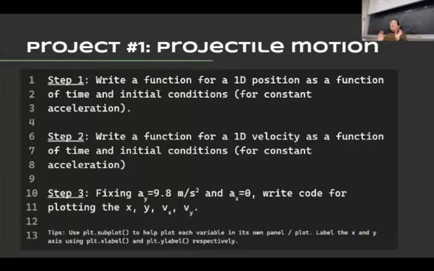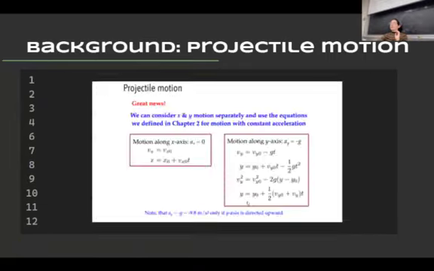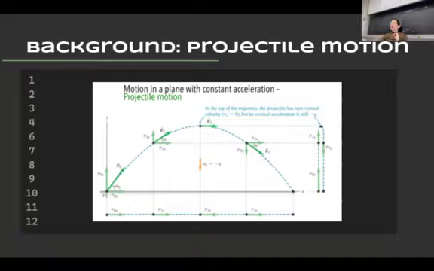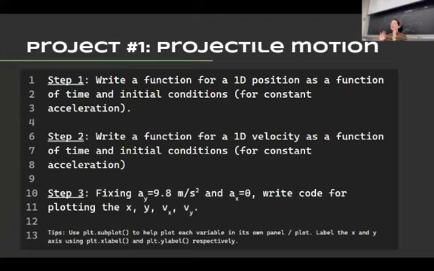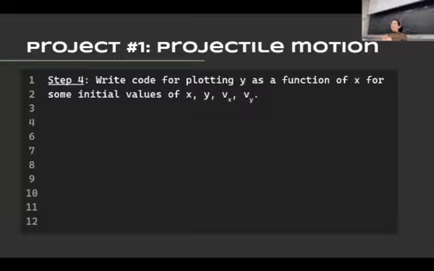So that would be holding y constant, which is going to be gravity, and then ax equals 0. So ax equals 0, ay is gravity, and then writing code for those, x, y, bx, and then by, to derive those values.